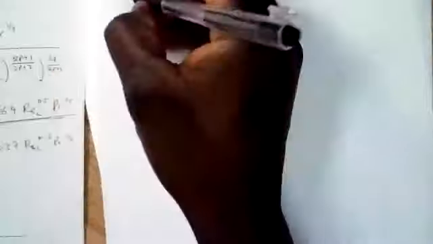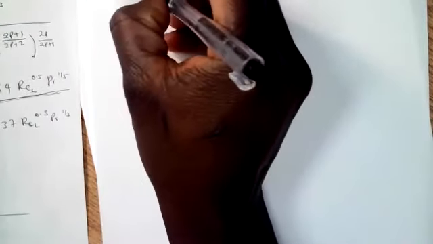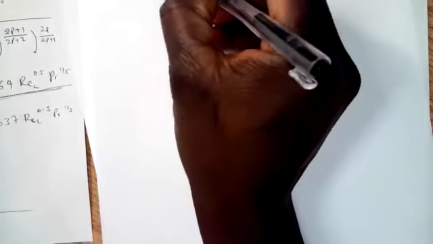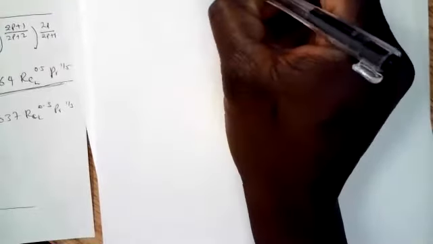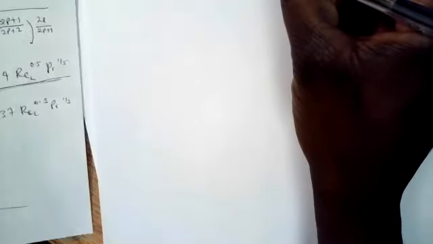So I'm just going to put that down real quick. We have the Nusselt number, Nu, equal to 0.664 multiplied by Re_L raised to the power 0.5, multiplied by Pr raised to the power 1/3.